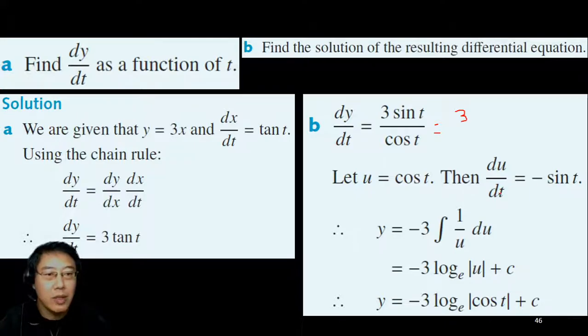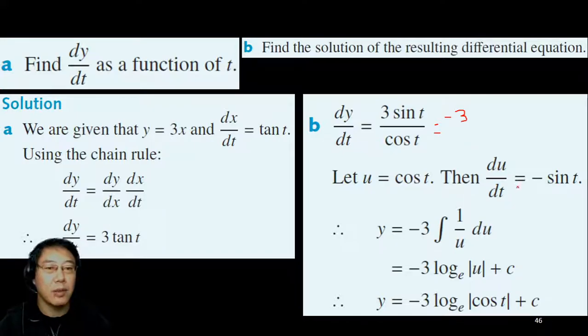So that's going to be du, let me rephrase that. You should anti-differentiate in terms of dt. Yep, so negative sine dt equals du, so you're going to have a negative here.